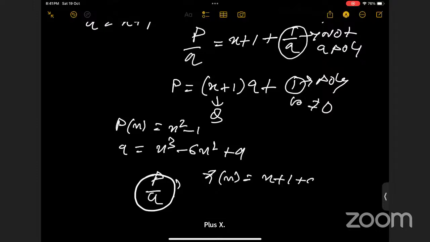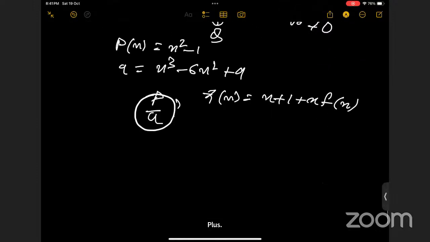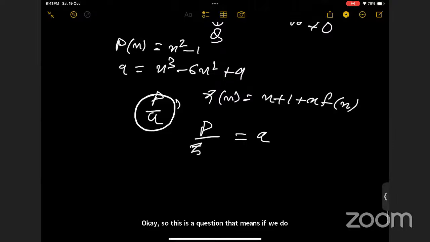So this is a quotient. That means if we do P by Z, we will get Q, right?